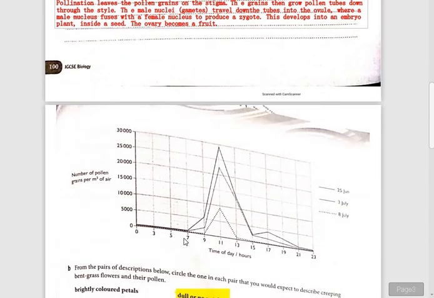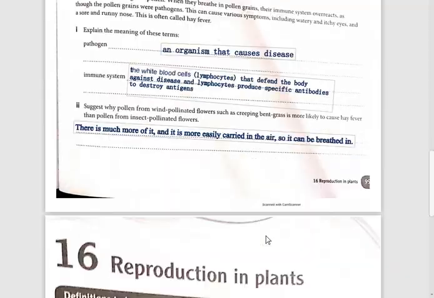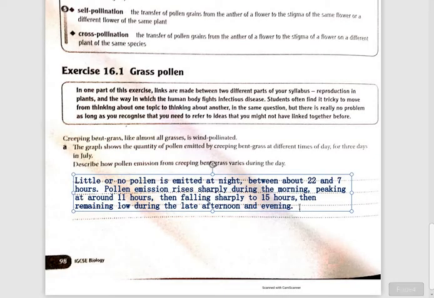So it rises sharply during 7 to 11 hours, and it peaks again at 1500 hours, but it's still not that fluctuating. With this kind of question, you can expect about 2 marks.